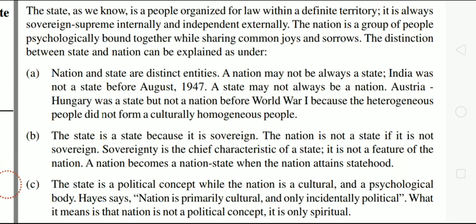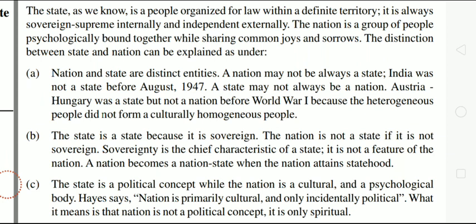B. The state is a state because it is sovereign. The nation is not a state if it is not sovereign. Sovereignty is the chief characteristic of a state. It is not a feature of the nation. A nation becomes a nation-state when the nation attains statehood.